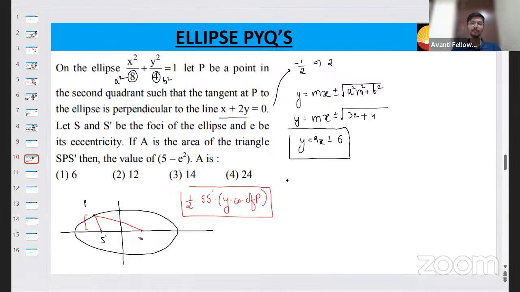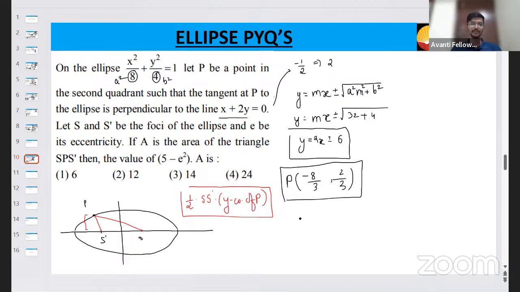The coordinates of point P directly can be written as minus a square m upon c, comma b square upon c. I think that is it, right? So we'll get the coordinates as minus 8 by 3, comma 2 by 3. These are the coordinates of point P, right?